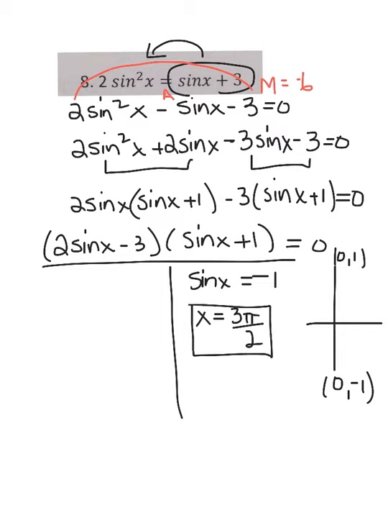Right, now on the other side here, if I get the sine x by itself, I get 3 halves. That's 1 1/2. Now, I know that you were not allowed to use your calculator up to this point, but if you could take your calculator, even if you just have your Chromebook, take out your calculator.